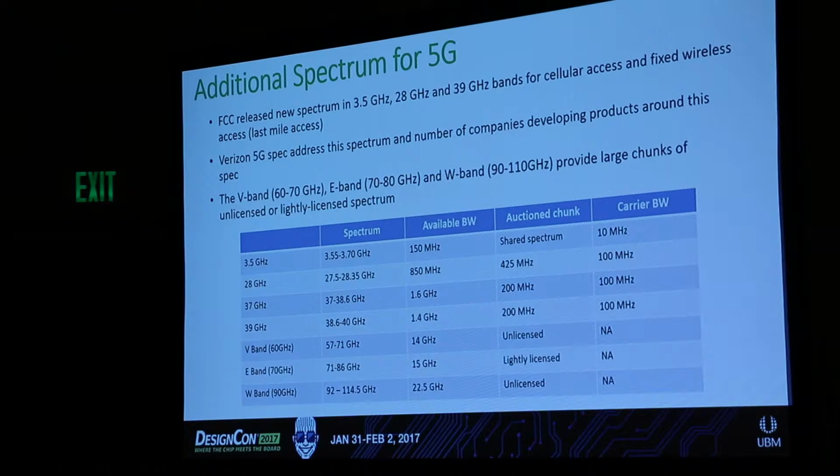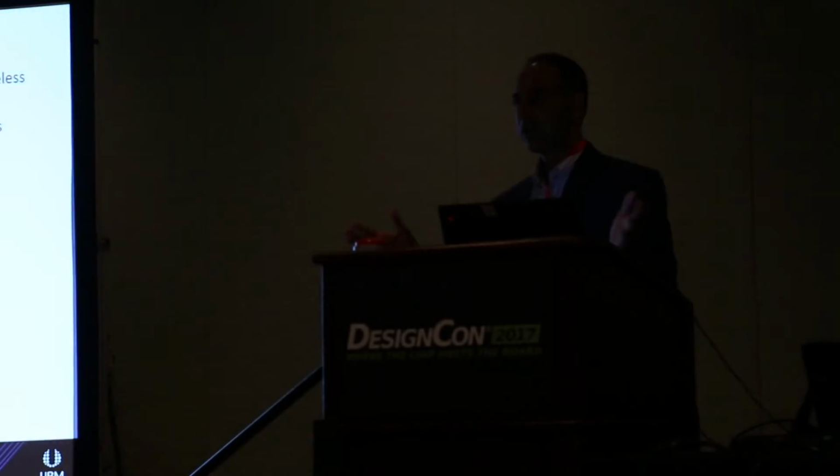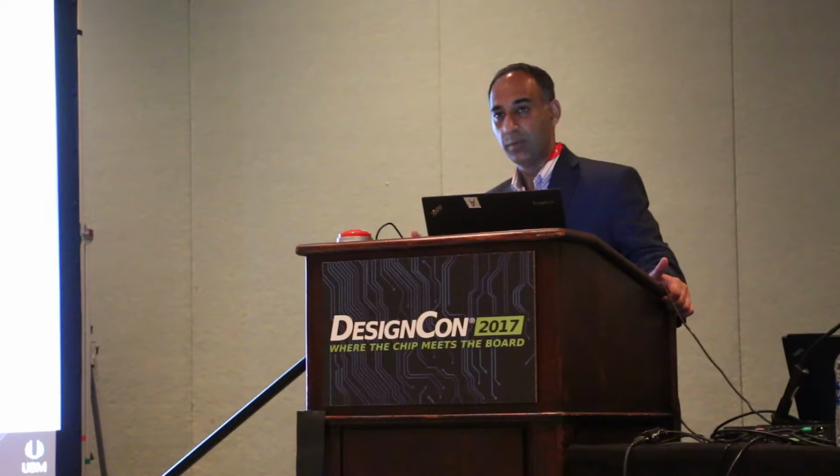The most predominant use is in the 800, 900 megahertz band, 1.6, 2.3, 2.6 gigahertz bands, and that's where practically around the world much of the cellular communication is happening, whether it is GSM or WCDMA or LTE. Very recently, some countries opened up the 3.5 gigahertz band. Okay? In the US, the FCC came along and said, hey, we want to put this 3.5 gigahertz band to better use, and it's available today.